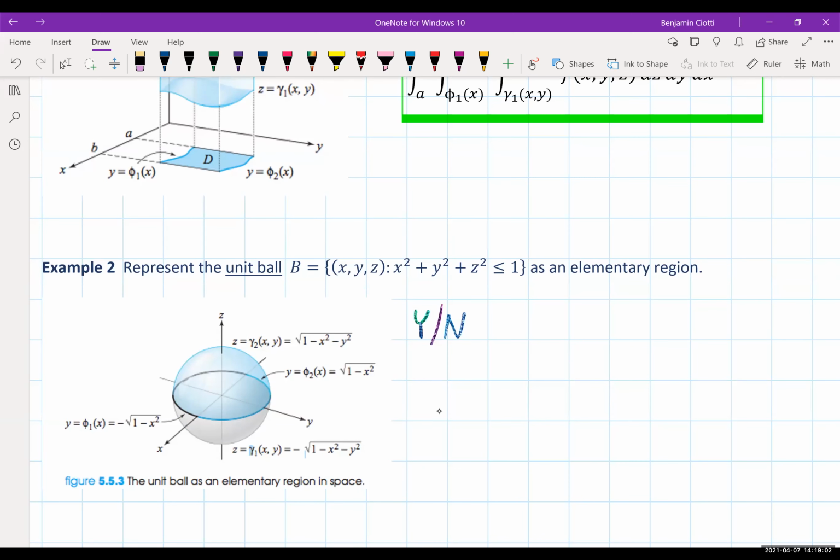Here's a picture of the unit ball. Is this equation true? Yes or no? I want you to practice reading it. The point here is if you can read that and if it's true. So hit the yes or no button, if you will.